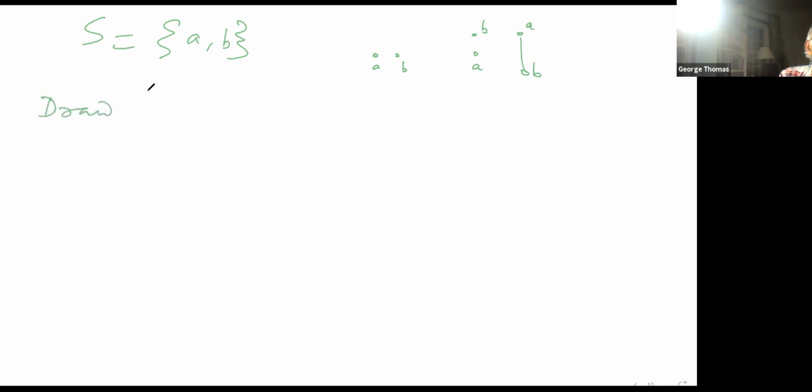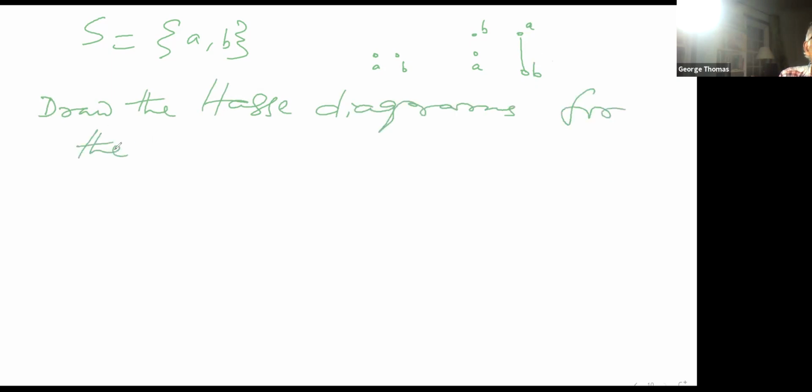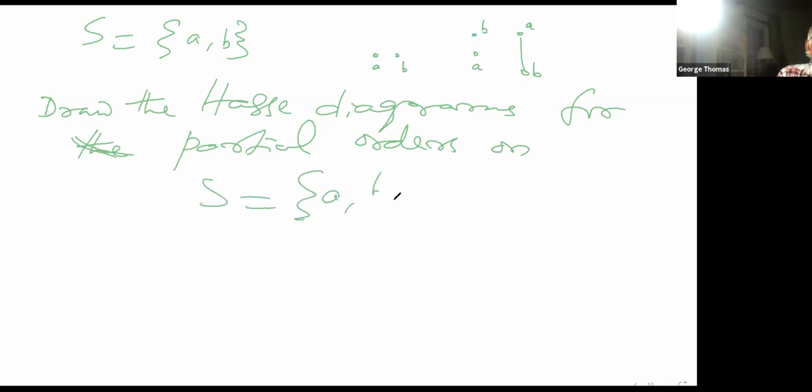Draw the Hasse diagrams for partial orders on S equals A, B, C.